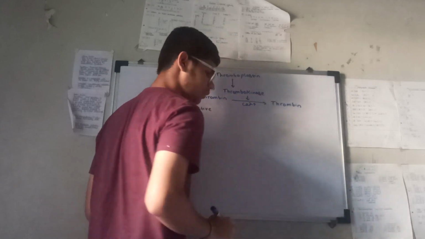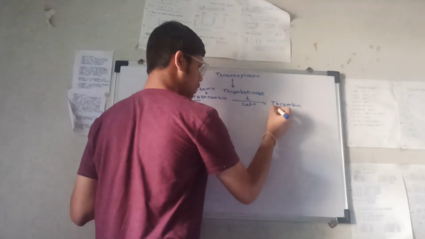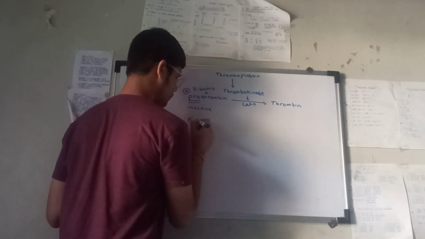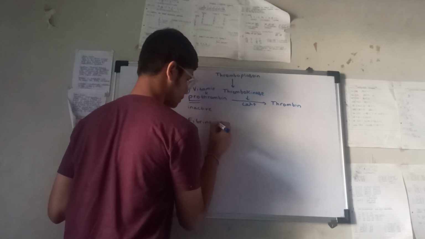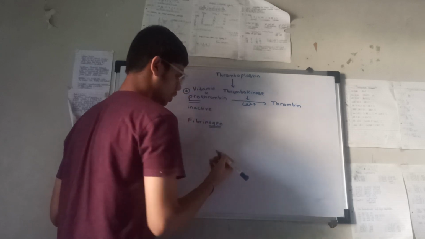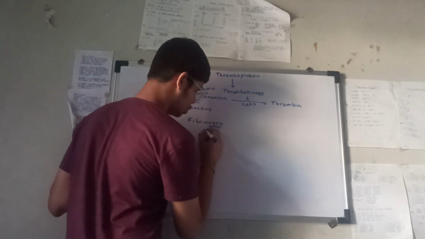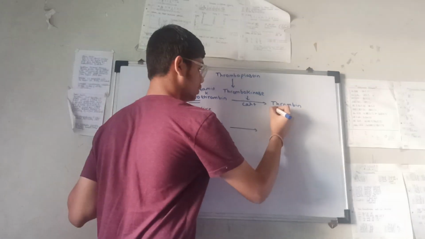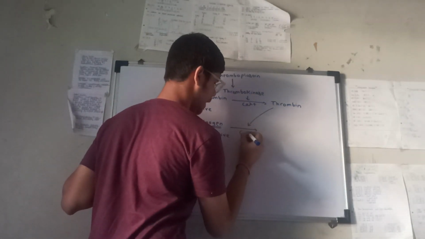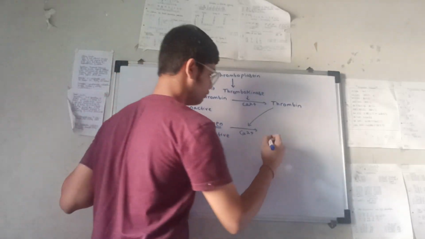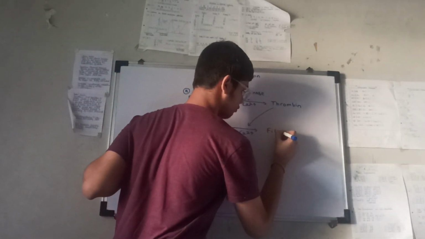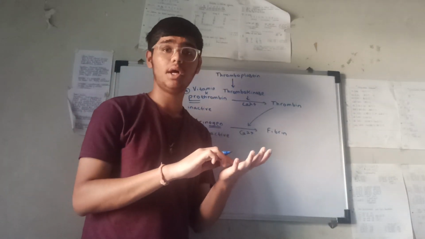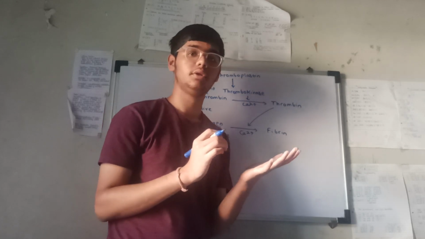Thrombin. Now see, over here there is fibrinogen. If you see ogen at the last, that also means inactive. So this thrombin with the calcium ions will convert fibrinogen into fibrin. So what is this? The scar after the clot formation.